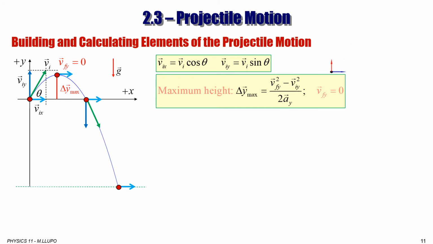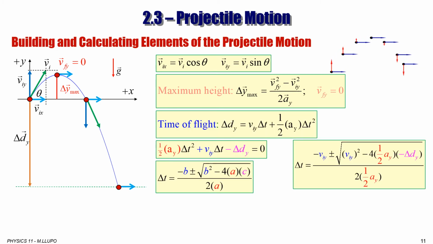So we can use delta y maximum is equal to v final y squared minus v initial y squared divided by 2ay. ay is g, which is minus 9.8 meters per second squared.